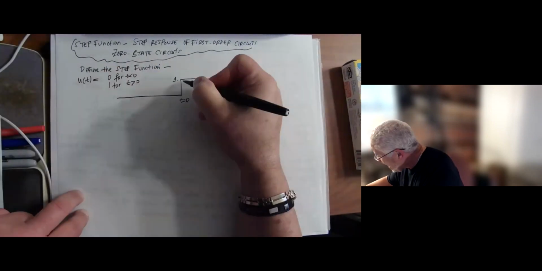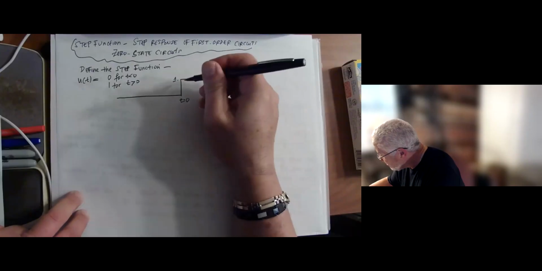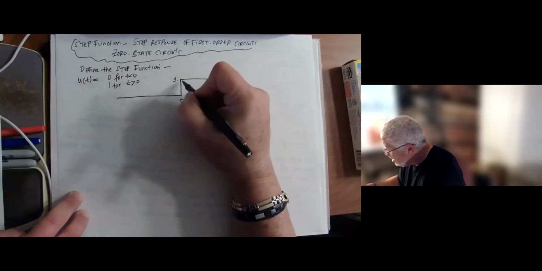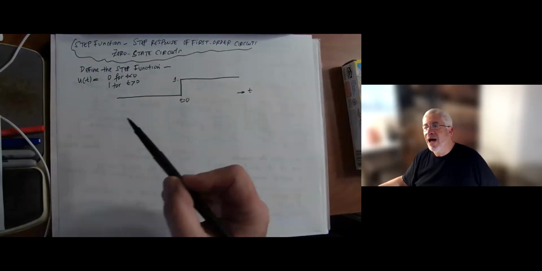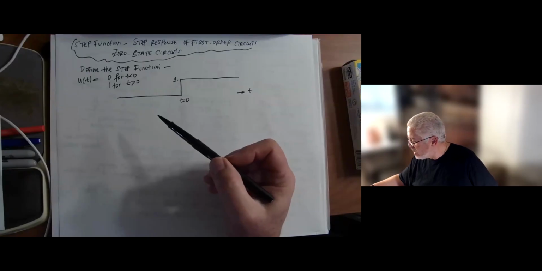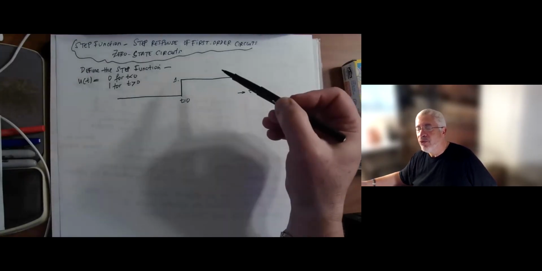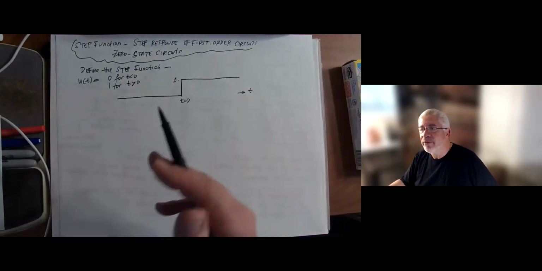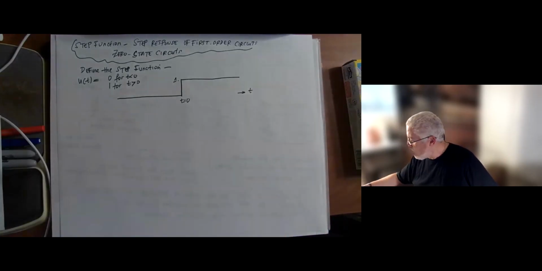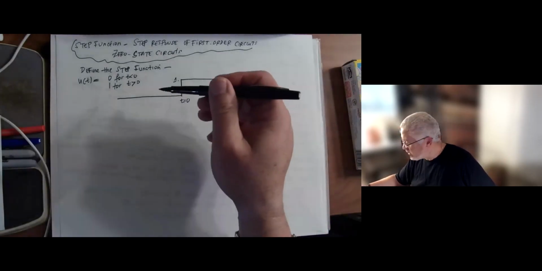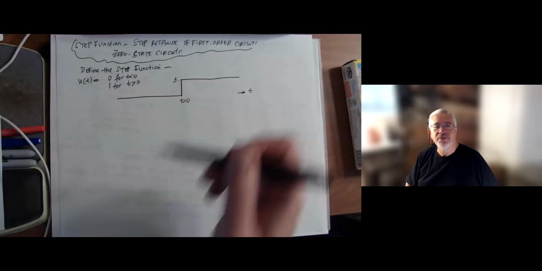At time 0, it's undefined. This function is important because you're flipping a source on. The source is off and you flip it on via a switch. So you're flipping a DC source, in this case, from 0 to 1.